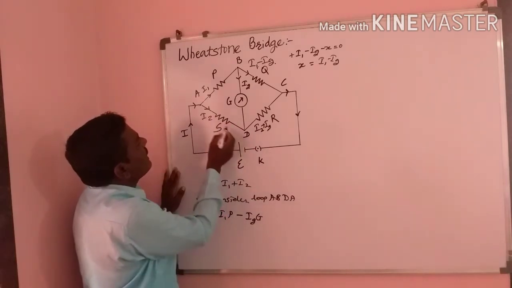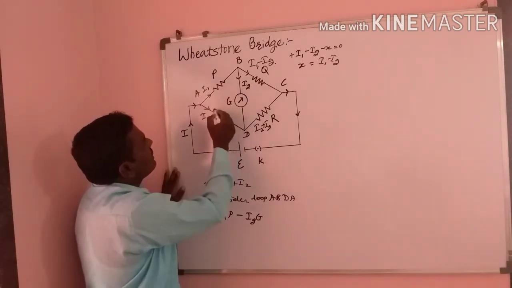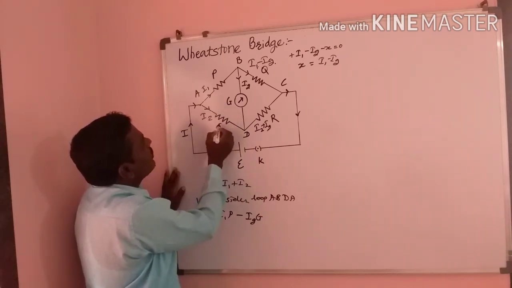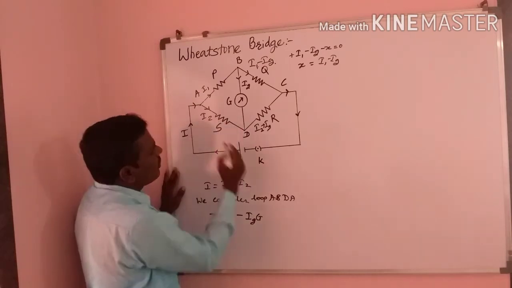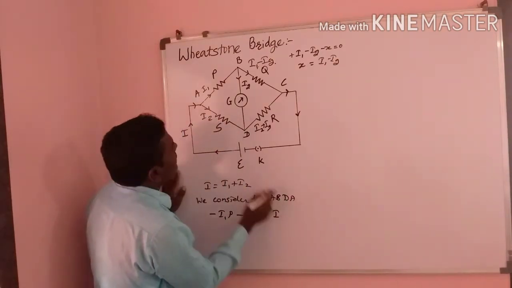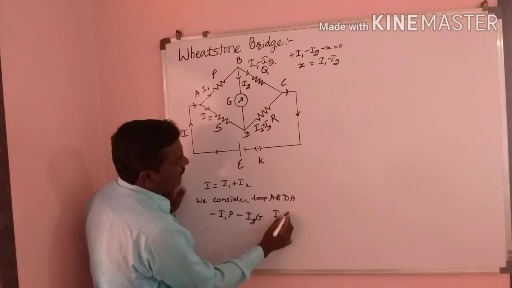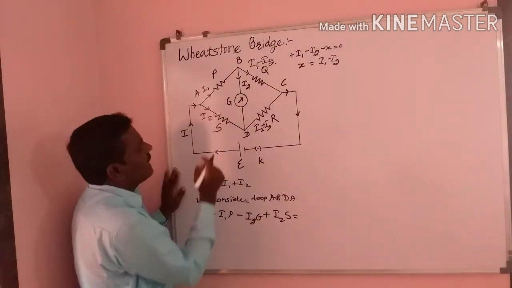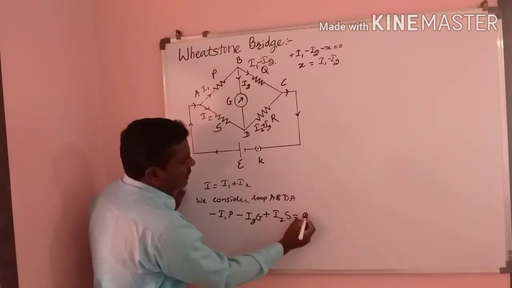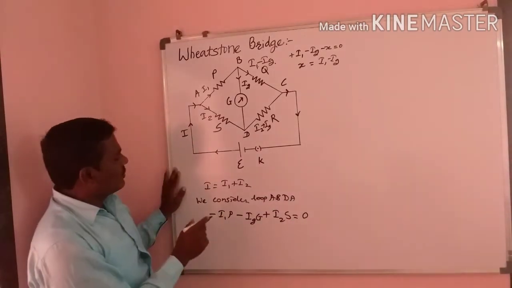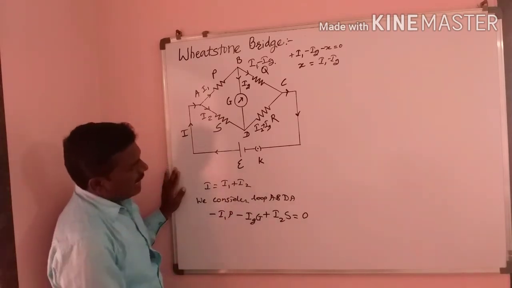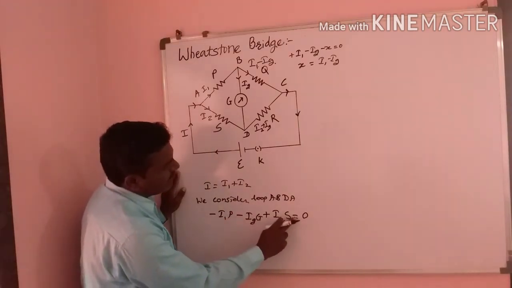Again, in this direction the conventional current is opposite to the tracking, so the potential difference through S is I2S, and it has a plus sign because it is in the opposite direction. So applying Kirchhoff's voltage law, we write minus I1P minus IgG plus I2S is equal to 0.